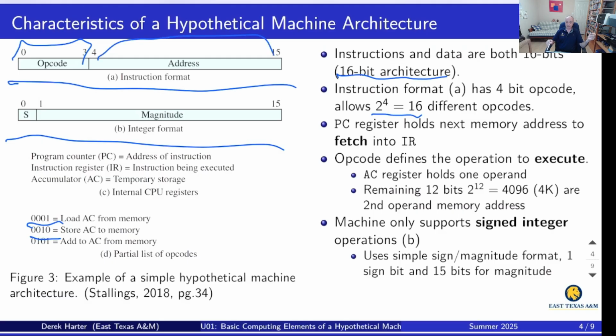The opcode defines the operation to execute, and these remaining 12 bits are the second operand, which is going to be a memory address. So we'll use 12 bits to mean some location in memory that will work as one operand for the instruction that the machine should execute.